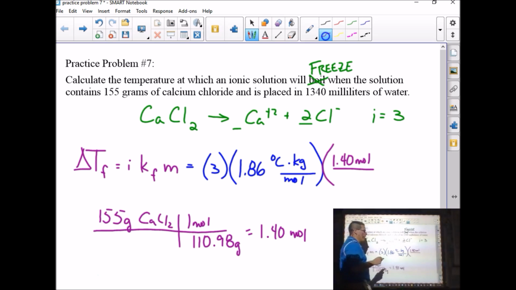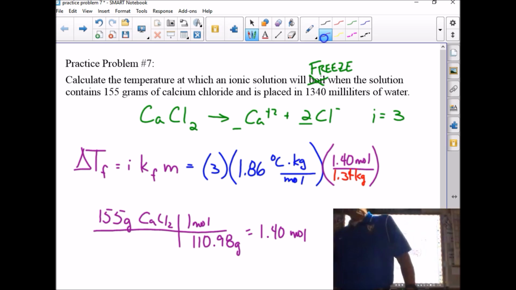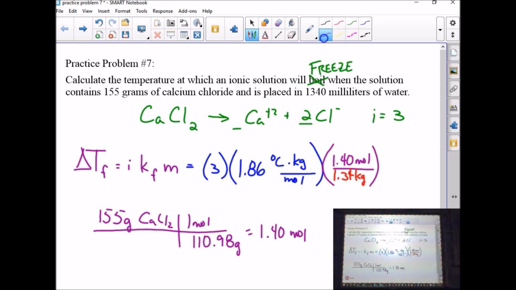Can you do that math in your head? 1 milliliter equals 1 gram. So 1.34 kilograms. Now, if you need to show that step, show that step. That's one that you can bypass. That's really the only one you can bypass.